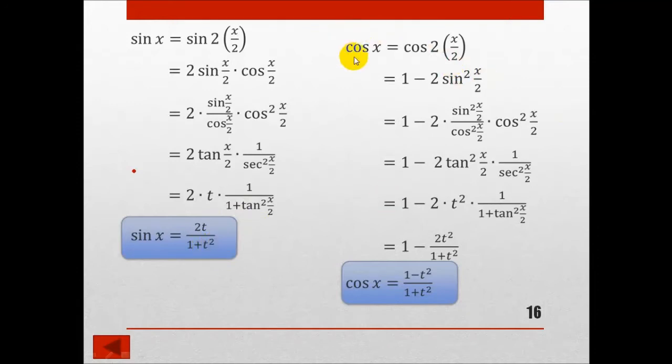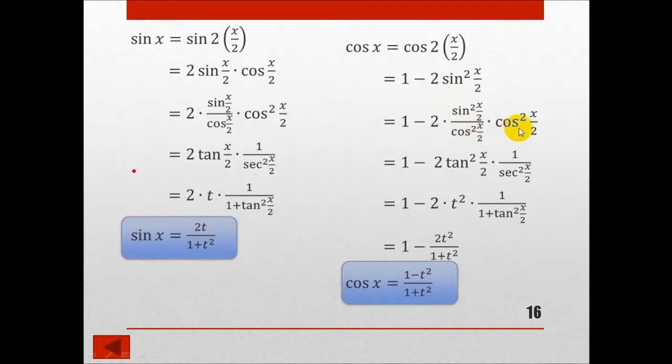Likewise for cosine, we have cosine 2 times x over 2. With the double angle, cosine is 1 minus 2 sine squared x over 2. Writing sine squared x over 2 over cosine squared x over 2, sine over cosine is tangent, and cosine squared becomes 1 over secant squared x over 2.